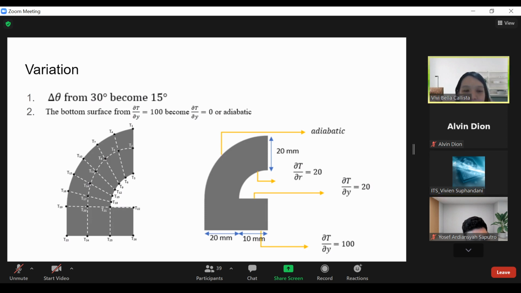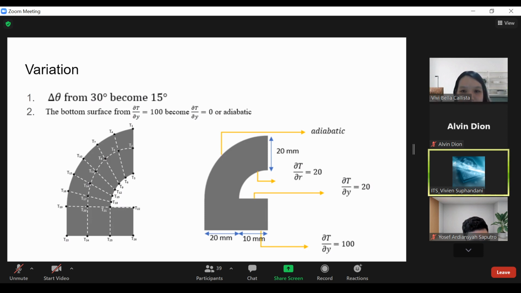May I ask a question, ma'am? Yes. Before, you said that at least we need one side with a fixed temperature. Is one side enough, or do we need more for this case, ma'am? Or will one be enough? Even if you, for example, take one point and set the temperature for that point, it's enough.